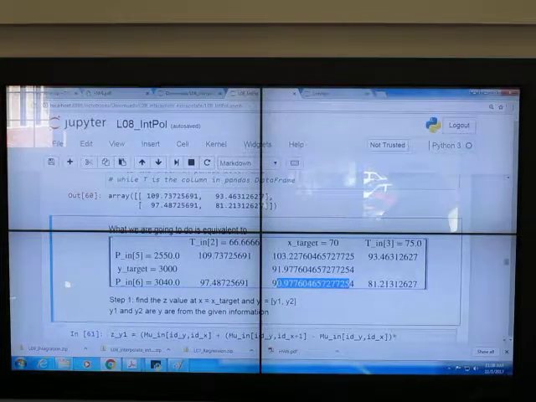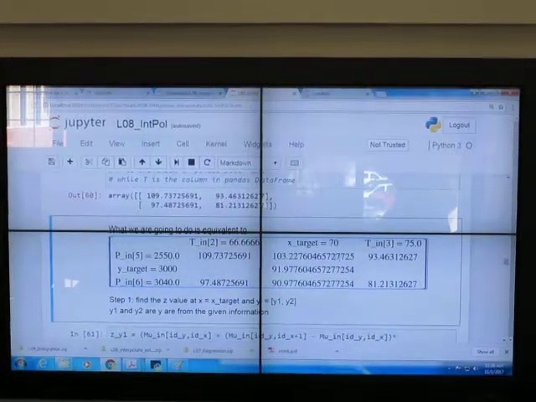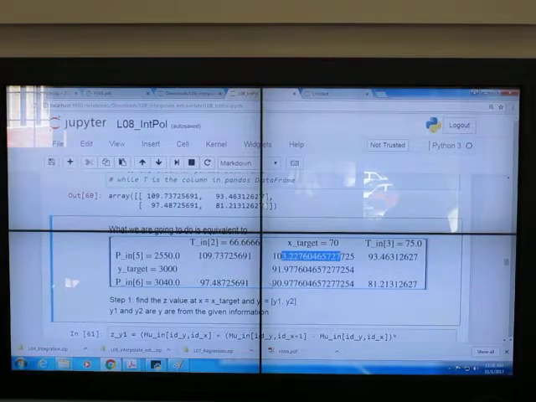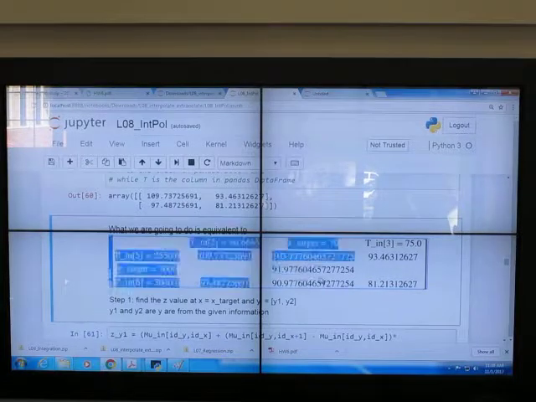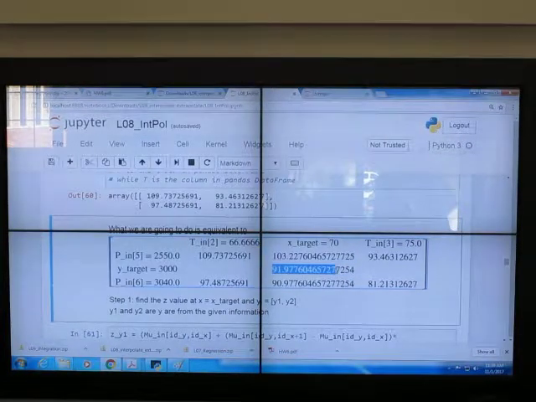So right now we match just temperature. Next step is you use that value and that value, and do linear interpolation again to get the value at the target.